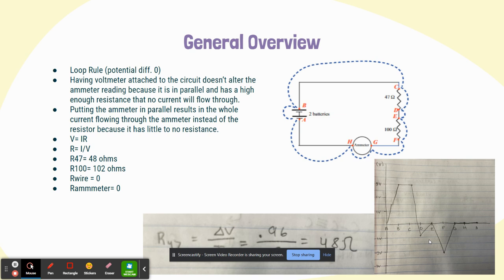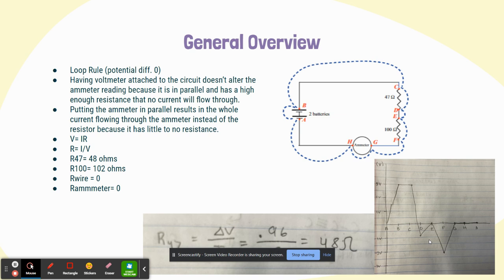So if we did a whole loop through this circuit, then the potential difference would be zero due to the loop rule. And in addition, having the voltmeter attached to the circuit in parallel results in no altering of current because the resistor has a high enough resistance that no current will flow through.